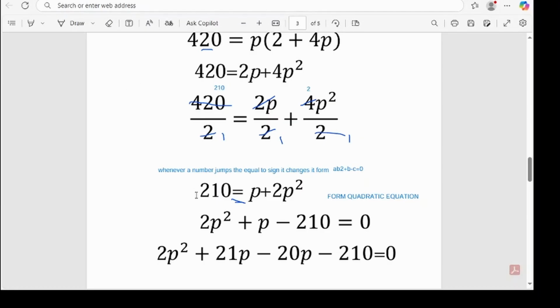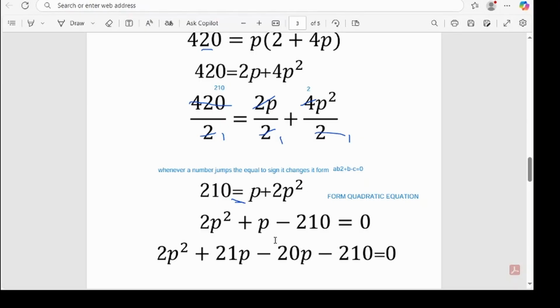So this 210 here is a positive number. When it crosses the equal to sign to the other half of the equation, it will become a negative number.